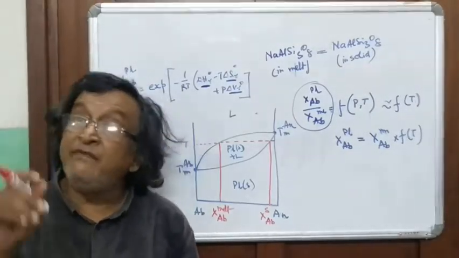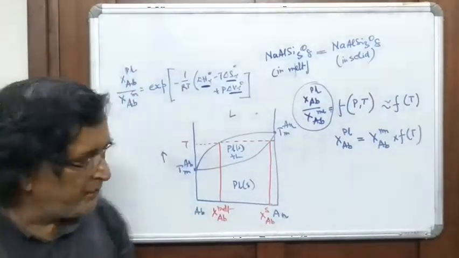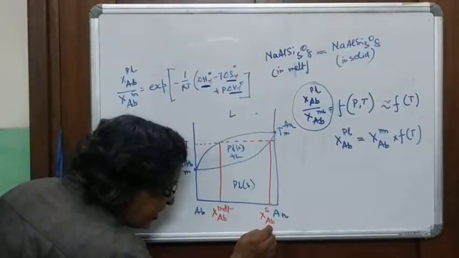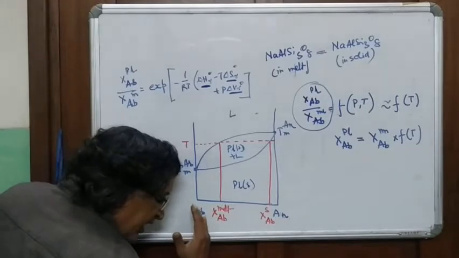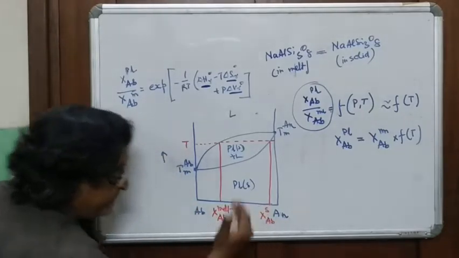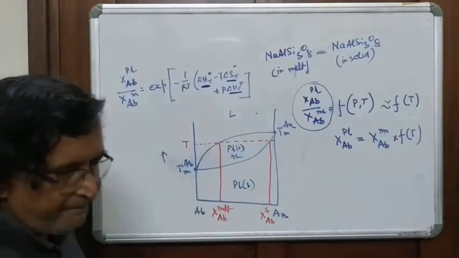Now you can see one very interesting thing that happens. The composition of the plagioclase, relative to the composition of the melt, is shifted to the high temperature side of the phase diagram.